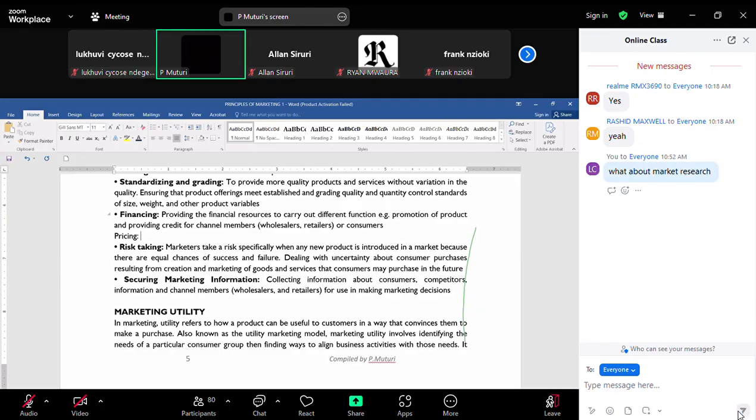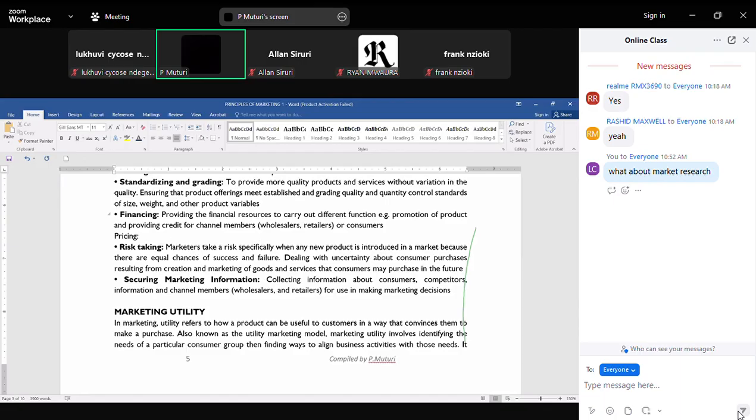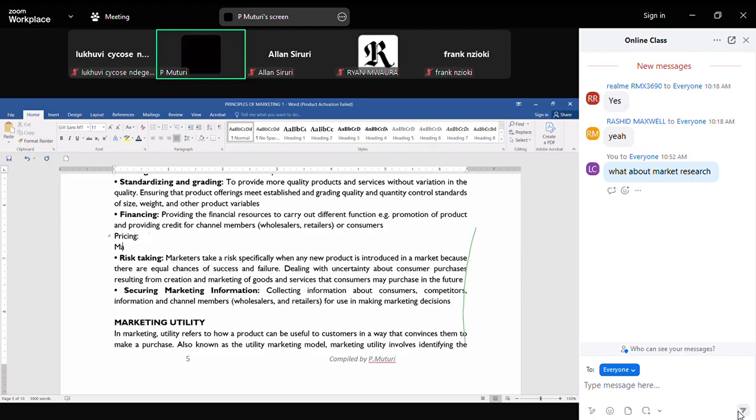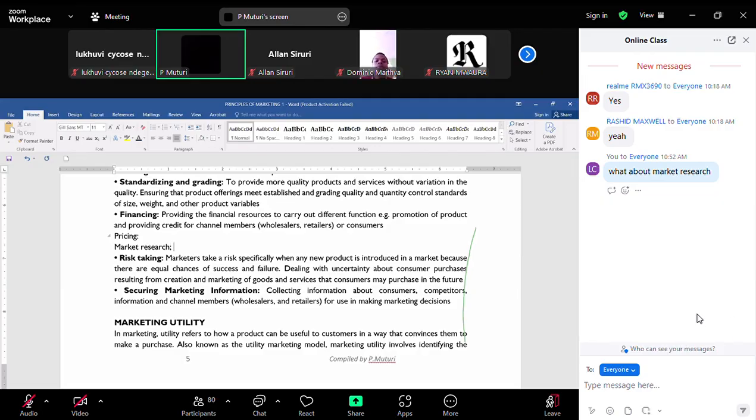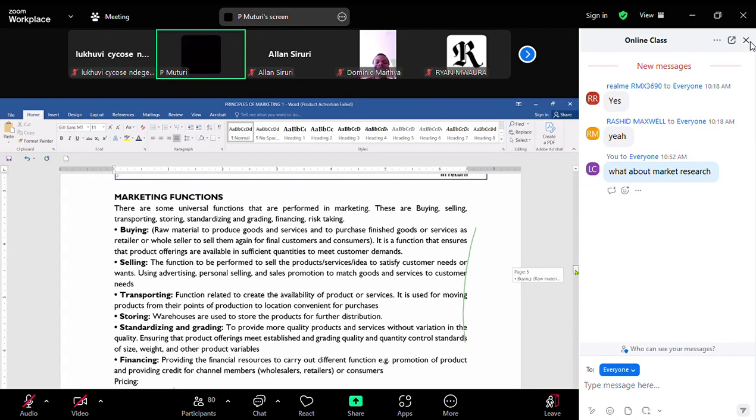Any other? Market research. Market research, you could add that as well. As I said, you could add more here. Market research is about identifying the needs of the market, a very key function of marketing.